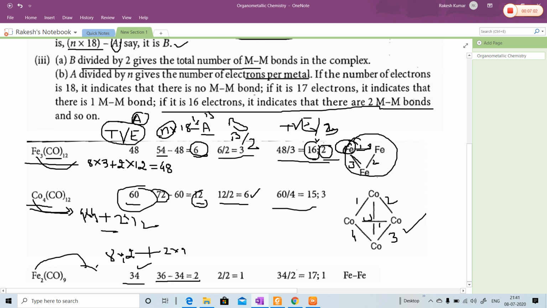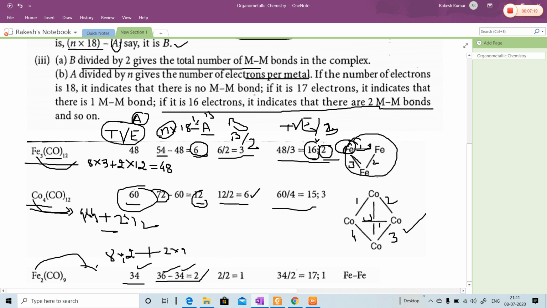In the second step, n into 18, n is the number of metal atoms, and there are 2 metal atoms, and 2 into 18, 36, minus total valence electron 34, and we will get 2.